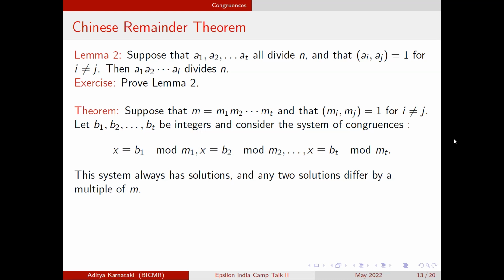Then the claim is this system always has solutions. You'll always find one X which satisfies all of them together. And furthermore, any two solutions differ by a multiple of M, which means that modulo M, it's unique.